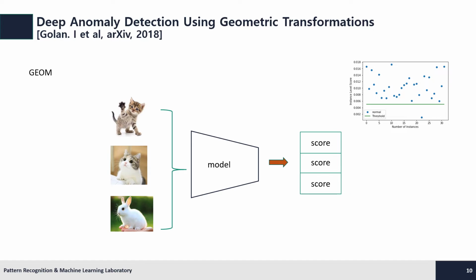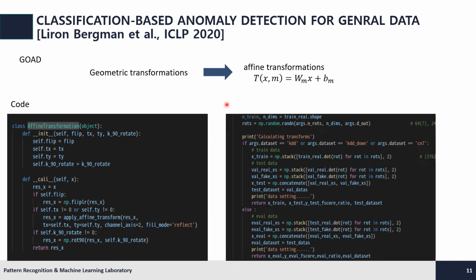The model will output the scores above for abnormal data. The algorithm GOAD, classification-based anomaly detection for general data, follows with application not only for image data but also for tabular data. In that way, geometric transformations were changed into affine transformations.